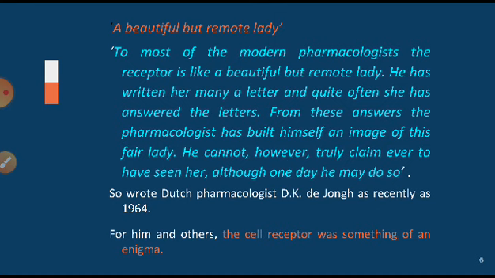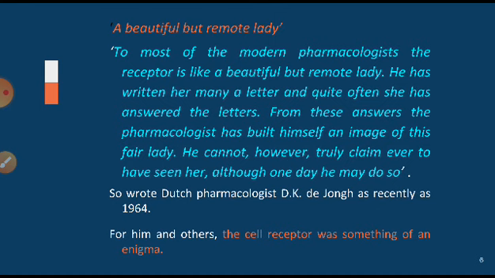To most of the modern pharmacologists, the receptor is like a beautiful but remote lady. He has written her many a letter, and quite often she has answered the letters. From these answers, the pharmacologist has built himself an image of this fair lady. He cannot, however, truly claim ever to have seen her, although one day he may do so.